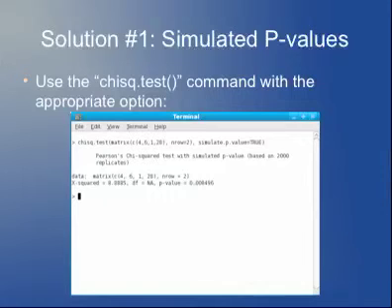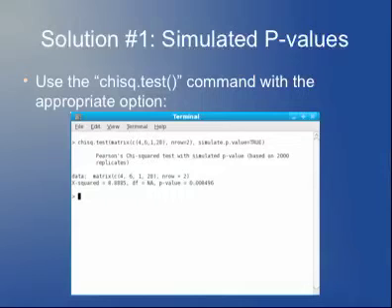Basically, the way that the simulated p-values work is rather than using a normal approximation to compute your p-value in the chi-square test, the program just generates a bunch of random data with the same row and column counts in your matrix under the assumption that the null hypothesis is true.